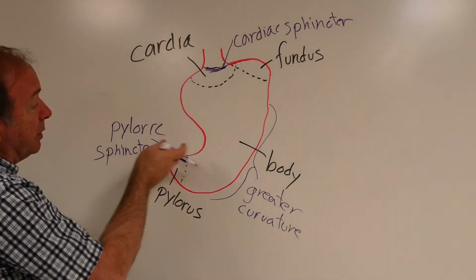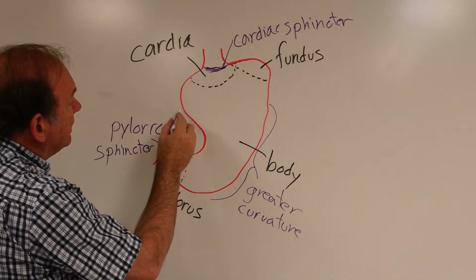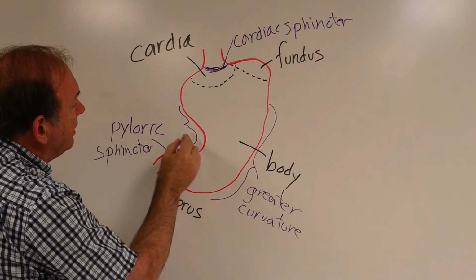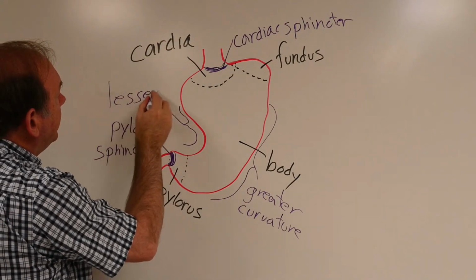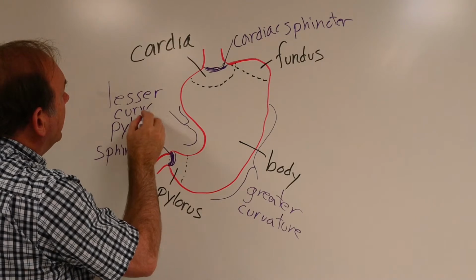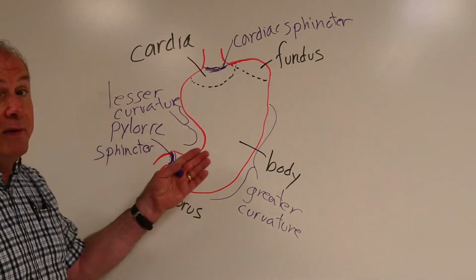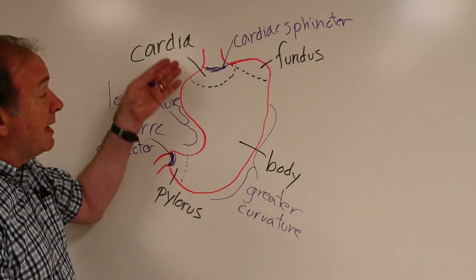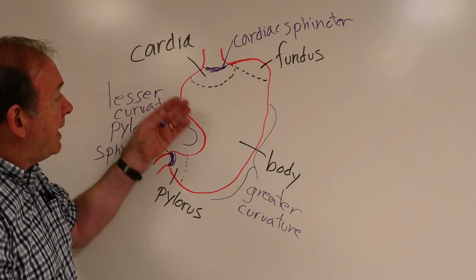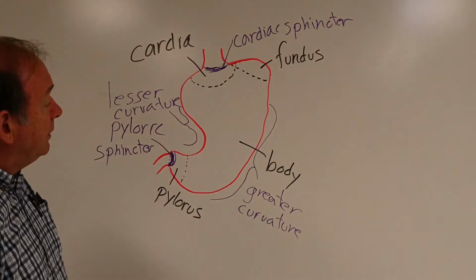On this side, notice there's a tighter little curve in here, and this curve is referred to as the lesser curvature of the stomach, this tighter curve, and in there you would find your lesser omentum, that membrane that extends between the stomach and the liver. It would be in that area right there, between the stomach here and the liver somewhere up over here.